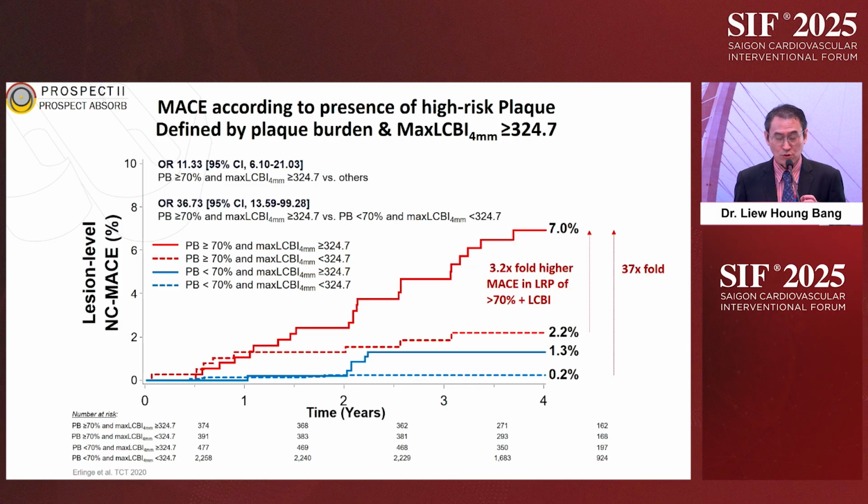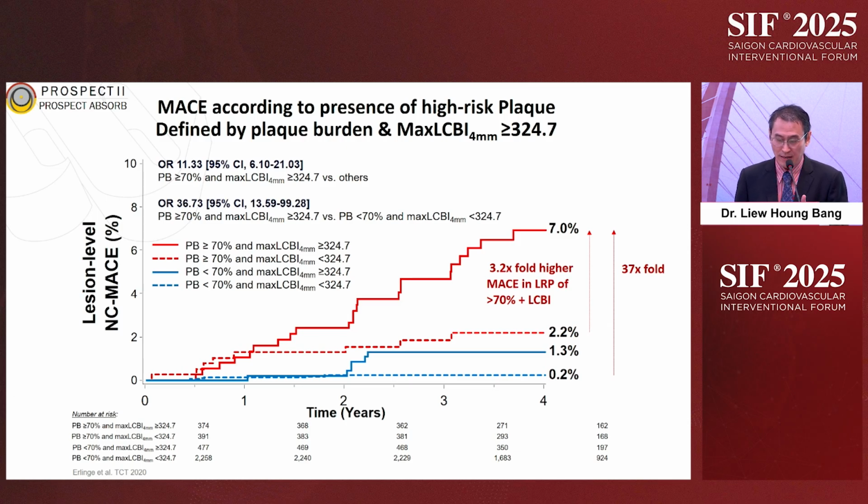Now, when we look at those plaques that are more than 70%, in the red, what do we see? They are much higher, of course, compared to the blues. But when we have additional information, not just the lumen but also the LCBI max, what we see here is that the highest risk among the patients are the ones with the lumen stenosis of 70%, plaque burden of 70%, and an LCBI of more than 324.